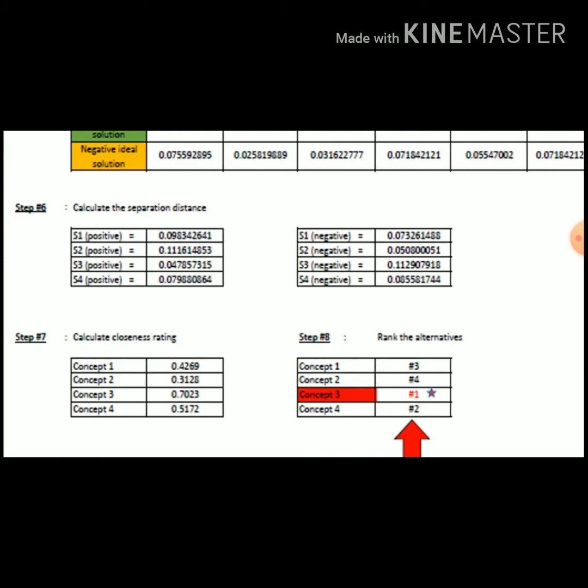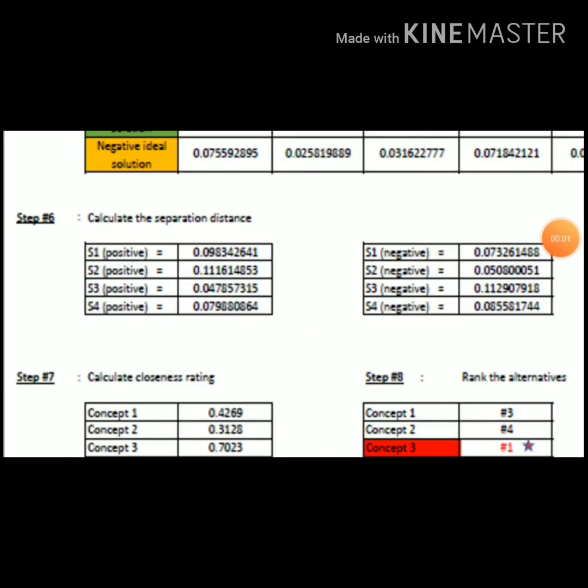And of course, the separation distance is calculated for each concept, so concepts number 1, 2, 3 and 4 have to be calculated separately. In simple terms, the positive ideal solution and negative ideal solution work in opposite ways.